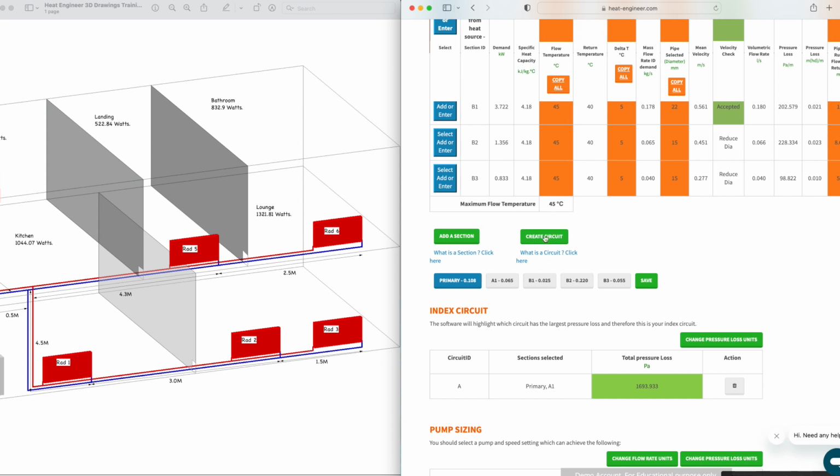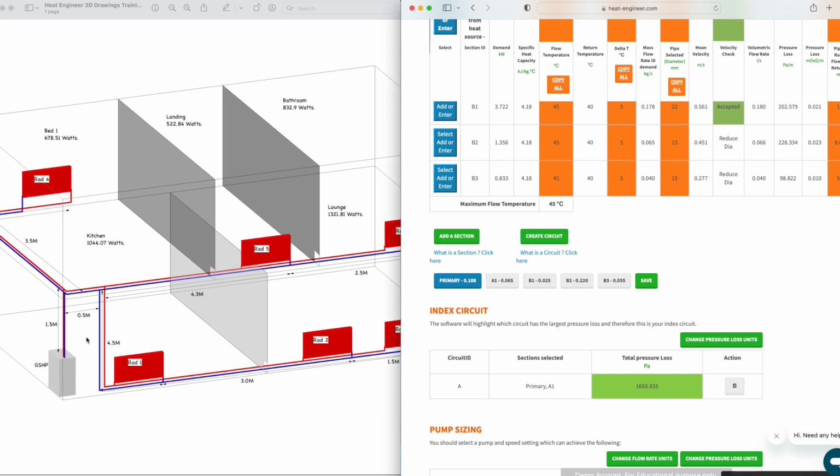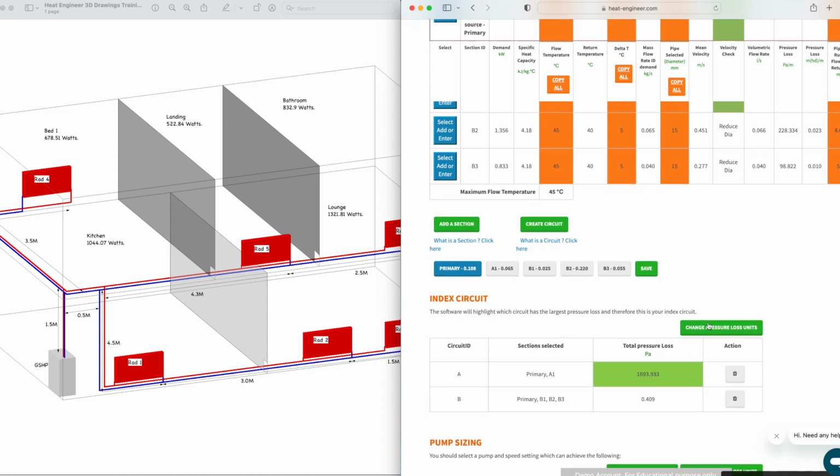So we've got our primary flow. We've then got B1, because we don't have A1. We're not going down this section here at all. We're just flowing down here. So we lose that one there, and we start B1, and we've also got B2 there and B3. So we have that, and we save it. And there you go.